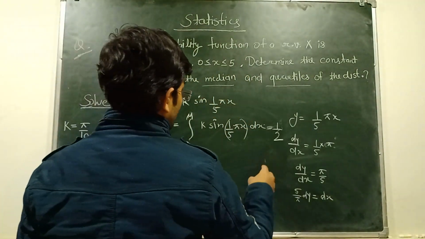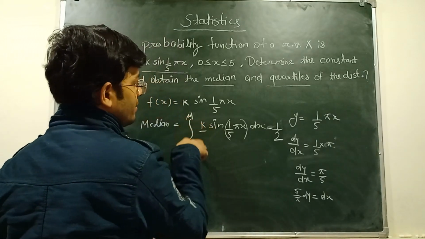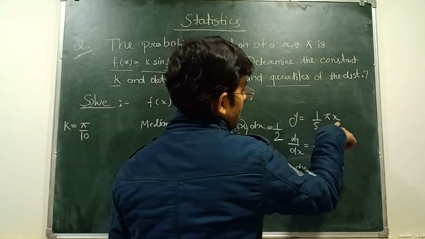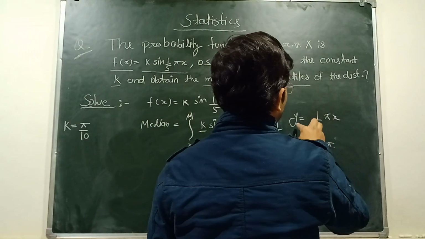Our limits are 0 to pi. In this case we put the value in place of x so we will get the values of y.